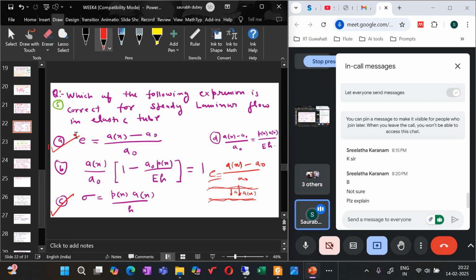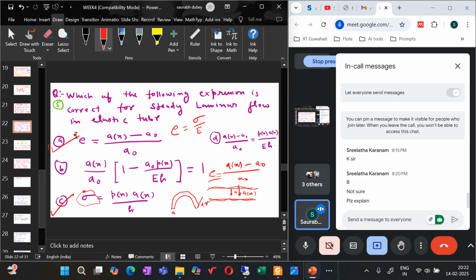And through the last problem that we considered, this hoop stress, dx and then this thickness, there we solved that this hoop stress equals px ax divided by h, right? So this px ax divided by h, okay, and now you know that strain equals stress divided by modulus of elasticity, right?